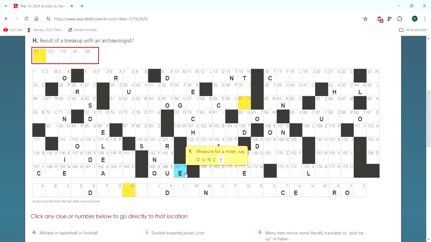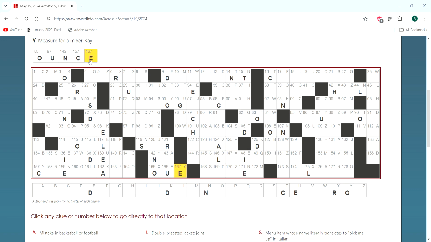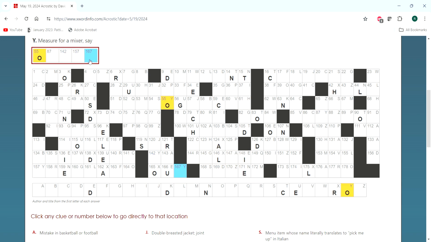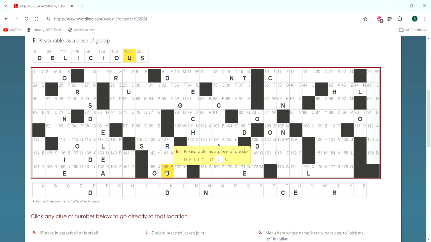And instead, I'm going to just delete that. I'm most confident about Roald Dahl and delicious, so I'm going to say I'm wrong about ounce, and that leaves us with OU what? I'm going to put in an R here to make it hour.